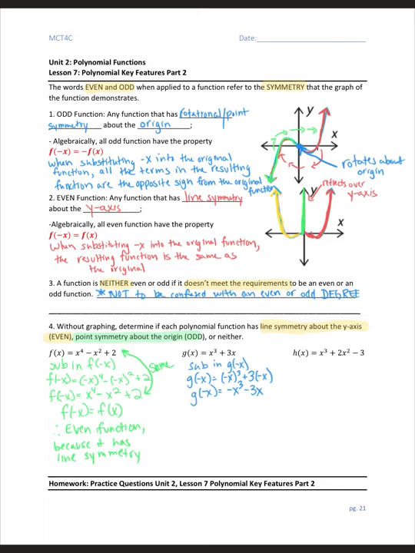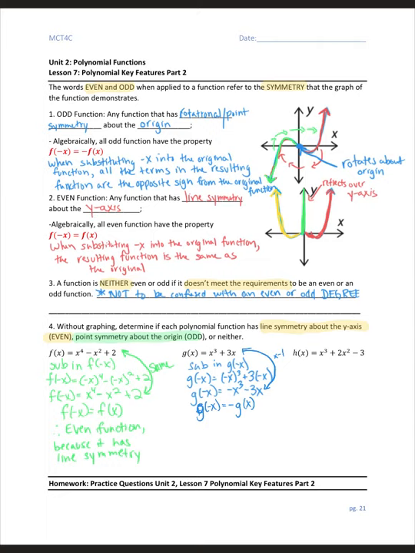Okay, so if we look at our original function, we can see each term is the negative version of the original one. So we would say g of negative x is equal to the negative version of our original function, like that.